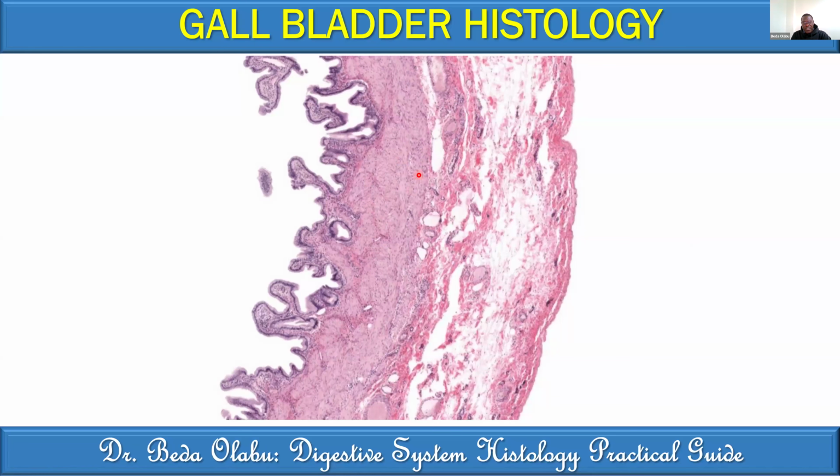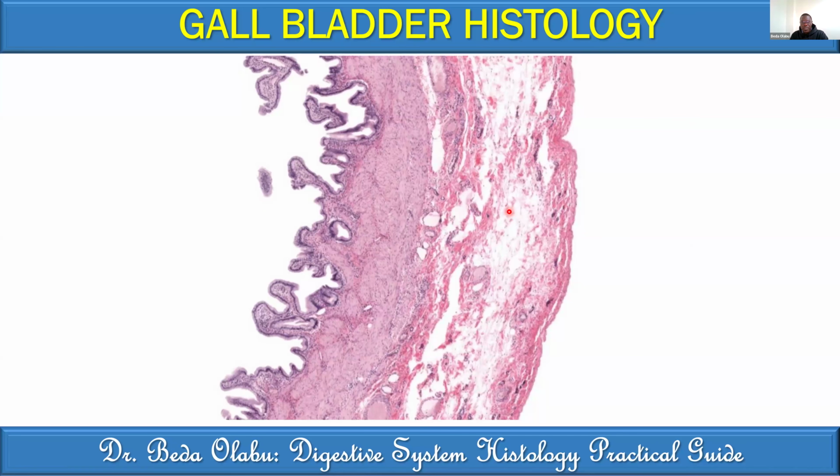Deep to that, we can see a thick muscular zone, which allows contraction when we release bile to the gut. The rest of what we see here is basically adventitia or serosa. They're just the connective tissue that surrounds the outside.